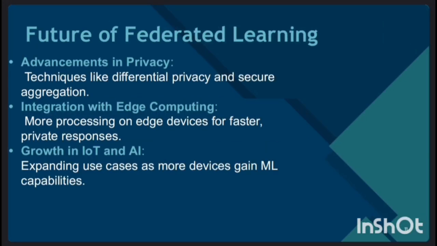Future of federated learning. The future of federated learning is promising with advancements in privacy and new integrations. Privacy techniques like differential privacy and secure aggregation are making federated learning even more secure, ensuring that user data remains confidential throughout the process. Another exciting development is the integration with edge computing.